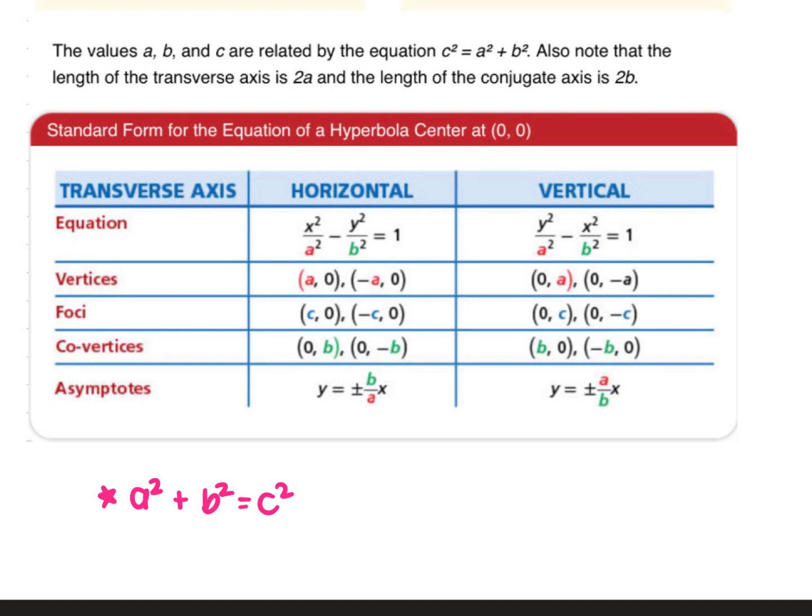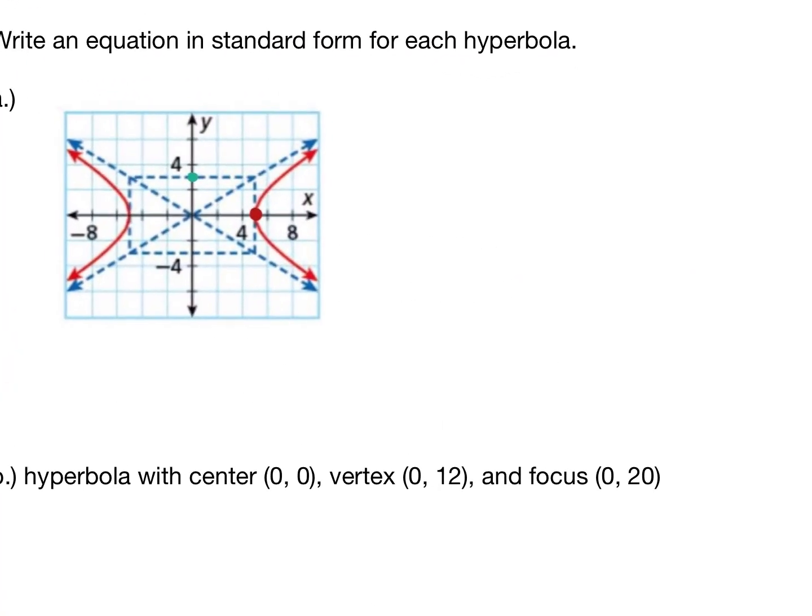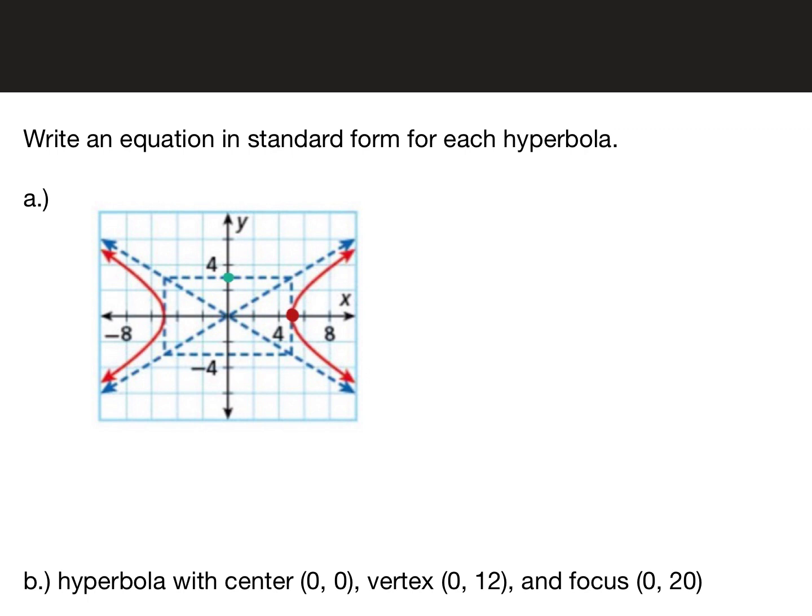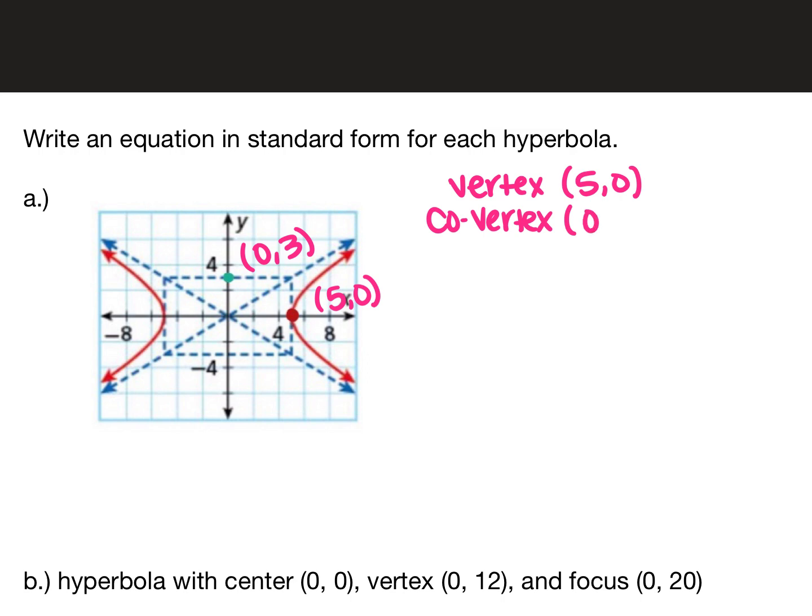If we look at the first example, we're writing the equation in standard form for the hyperbola that works with a vertex at the ordered pair 5, 0, and a covertex of 0, 3. So it tells you that your vertex is the ordered pair 5, 0, and your covertex is the ordered pair 0, 3. This gives us both A and B. A is 5, B is 3.